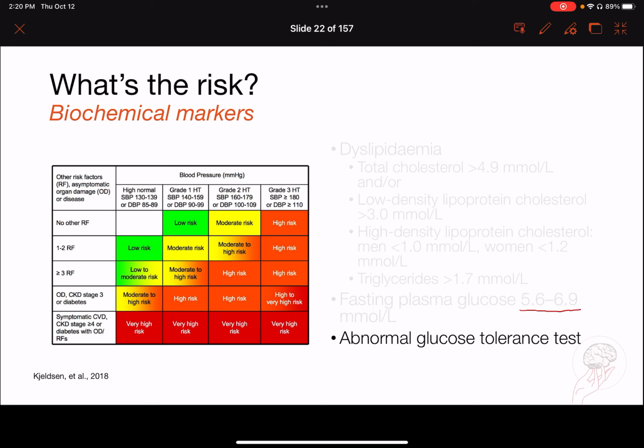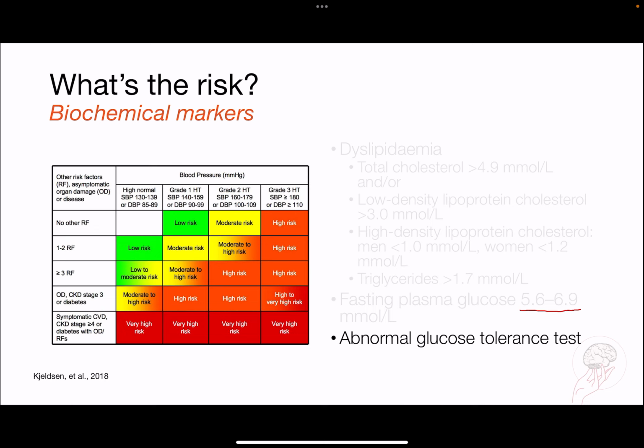Sorry, not HbA1c. They just happen to be very similar in numbers and ranges. But an abnormal glucose tolerance test, again, is going to be indicative of diabetes, which if you have diabetes and have high normal blood pressure, you're already at that moderate to high risk. And then everything just increases from there.